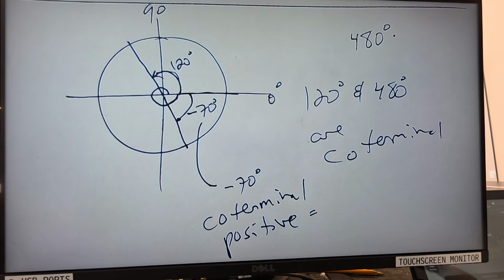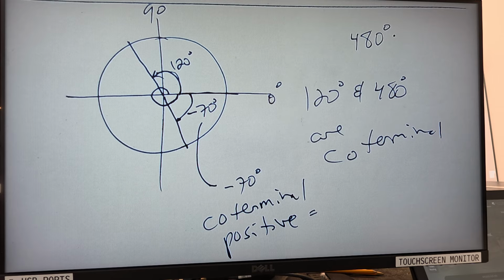How do I find coterminal angles? I rotate by 360. You all agree that if this is 0 degrees, I'm now facing in a certain angle from that. If I then do a full rotation, I'm of course facing the same way.